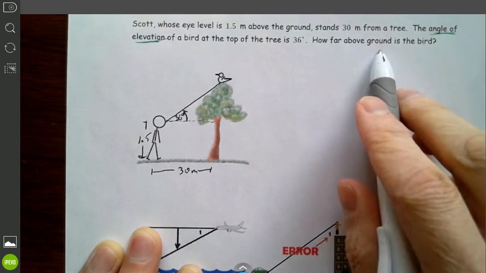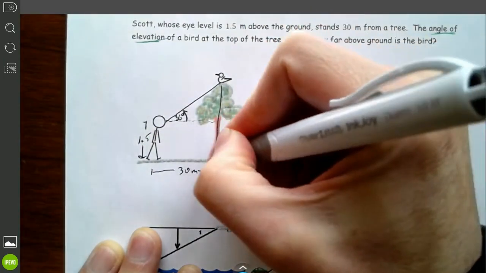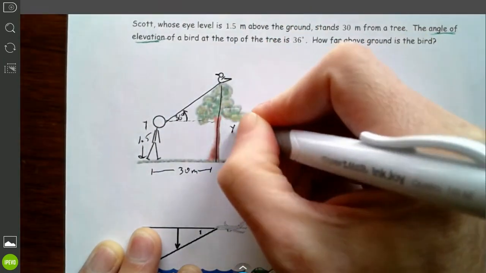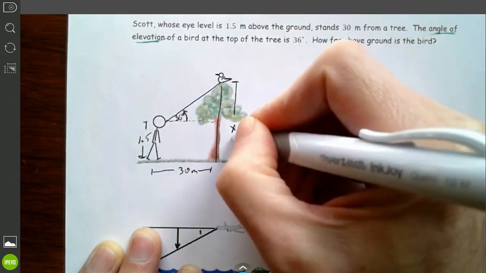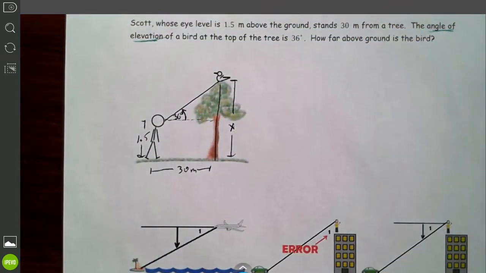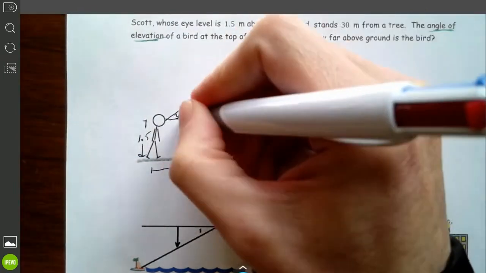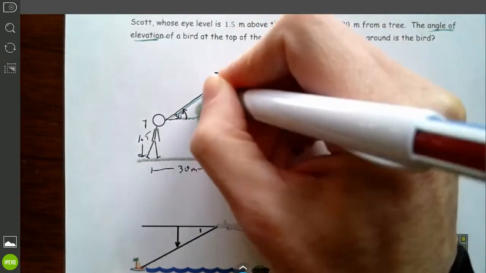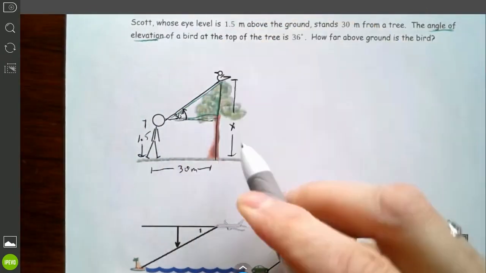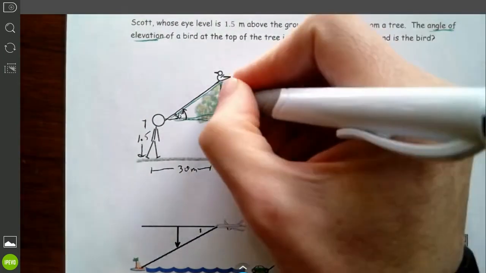How far above the ground is the bird? So we need to know this height here, from up here all the way down. But you've got to be careful with this problem because you can get really messed up in trying to figure out what numbers you're looking for. If you look at it, our triangle is only here. So we need to actually only find this part first.